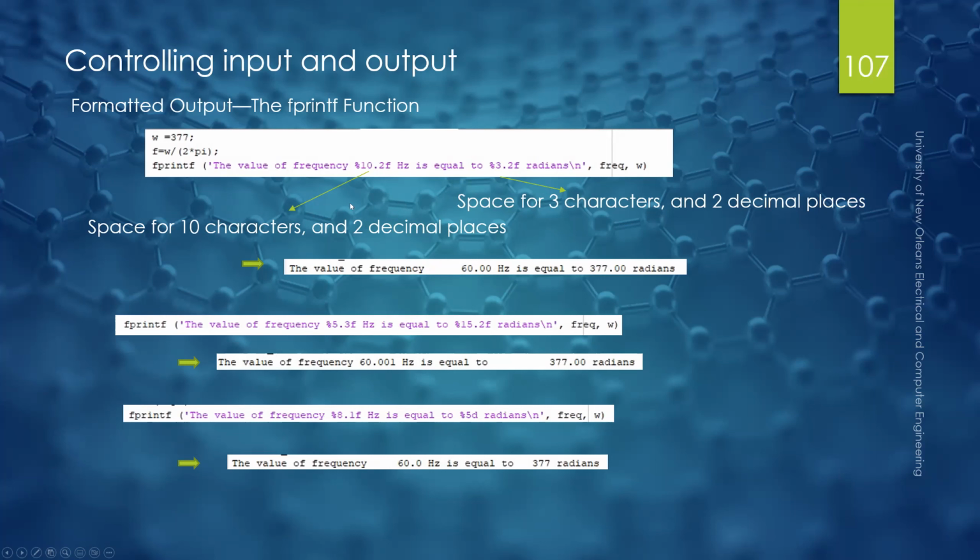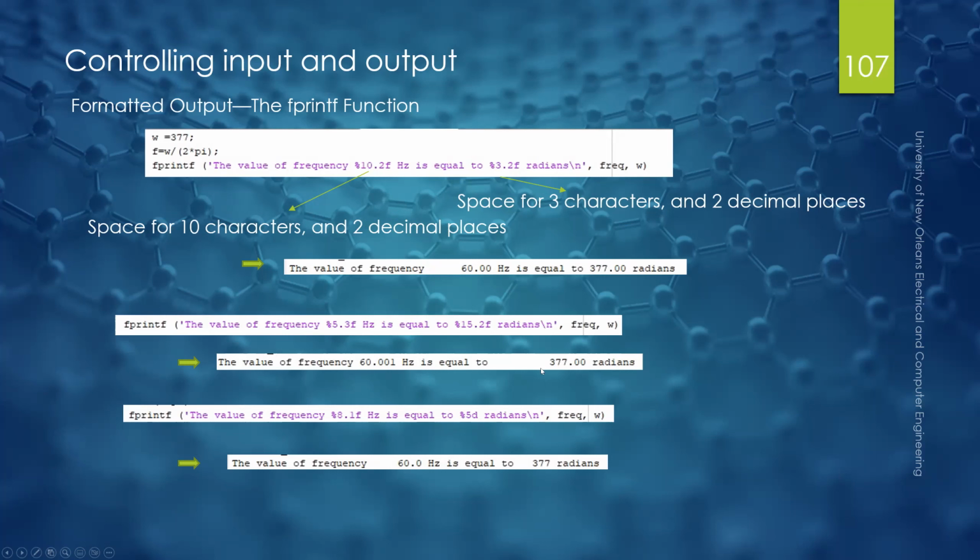Okay. Another example, in this case, same little program, but now I'm using 5.3 for the first variable, so it's going to give me only 5 character spaces, right? So it's a little tighter now, see? But now I'm asking it to give me 3 decimal places. And to generate even more space, I use 15 here for the width, right?